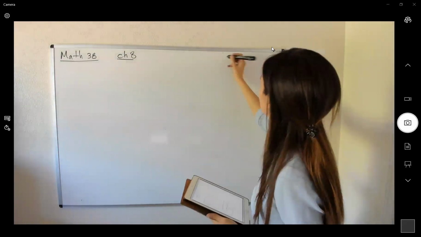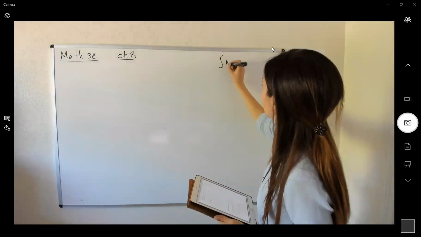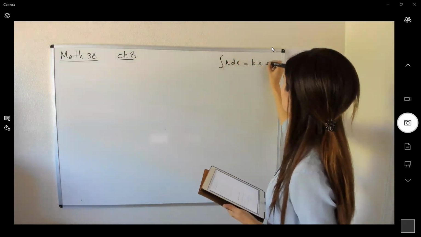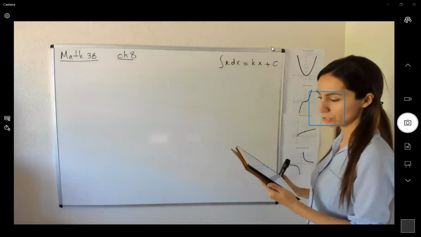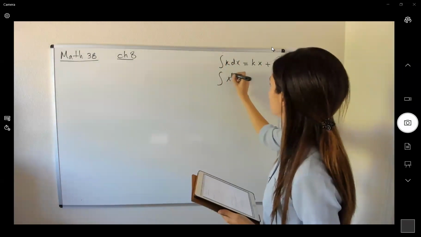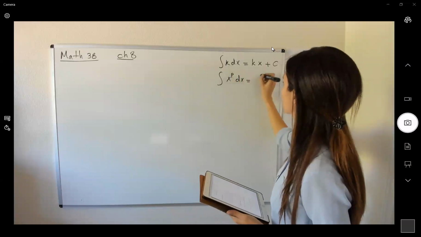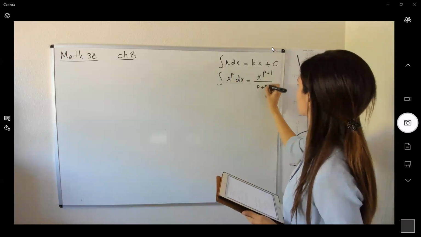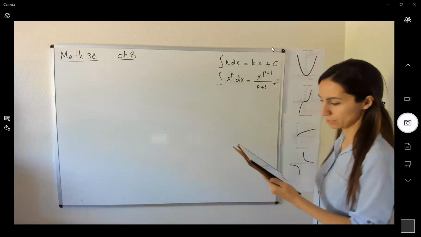For example, if you have a constant like k, the integral of k is equal to k times x plus constant of integration. If you have a power function, x to the p, dx, the integral is x to the p plus 1 over p plus 1 plus constant of integration.